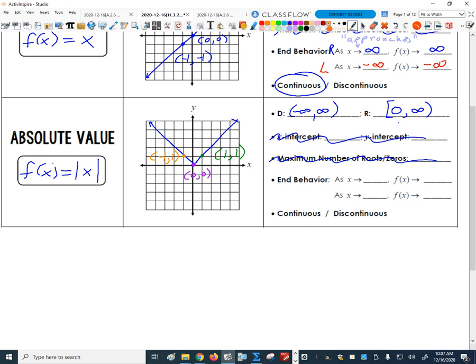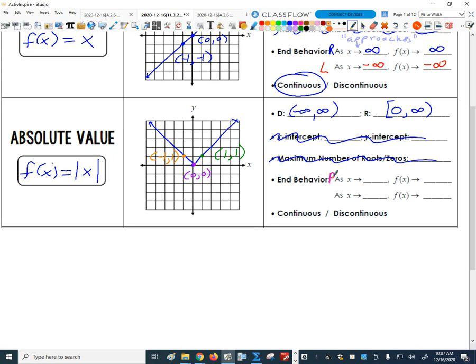Okay, and so end behavior. Liliana, what's my left end behavior going to be? Oh, sorry, we did left last time, so to be consistent, this is going to be my right end behavior. Would it be infinity?